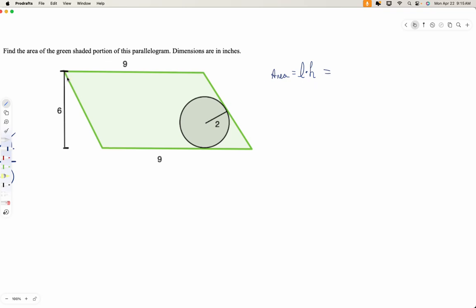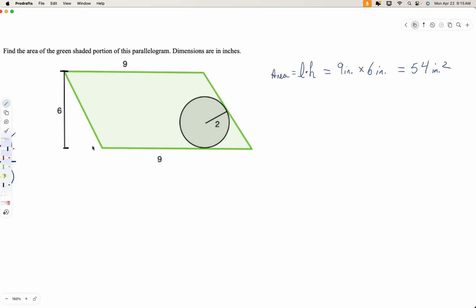So in this case, the height is 6 and the width is 9. So we're going to say 9 inches times 6 inches, and that's going to equal 54 inches square.